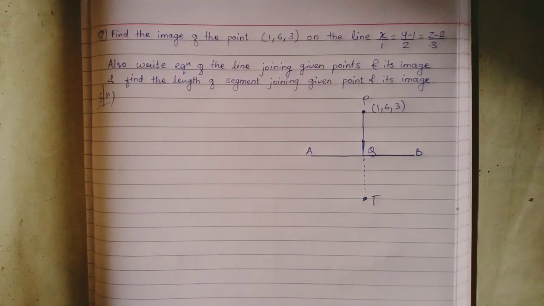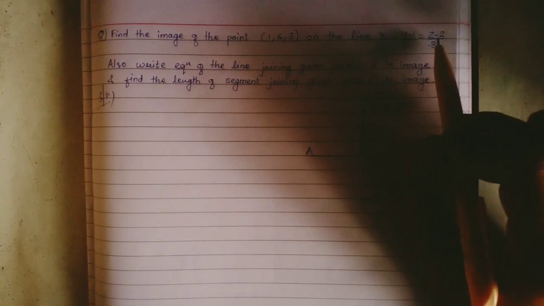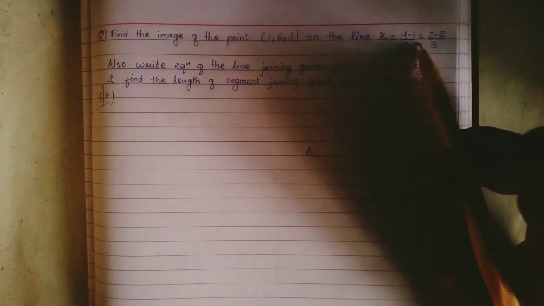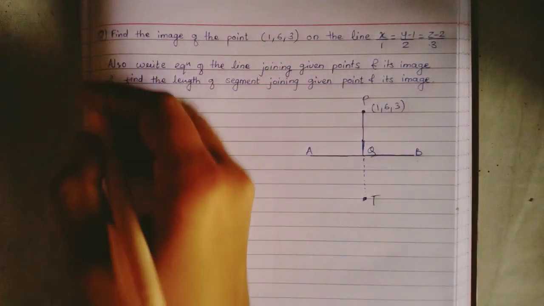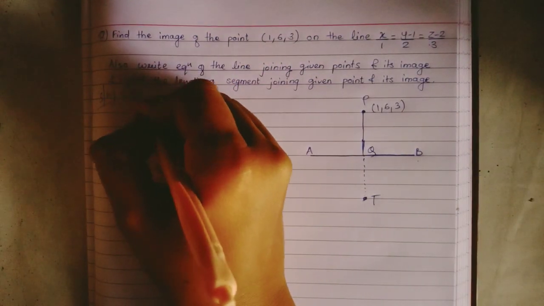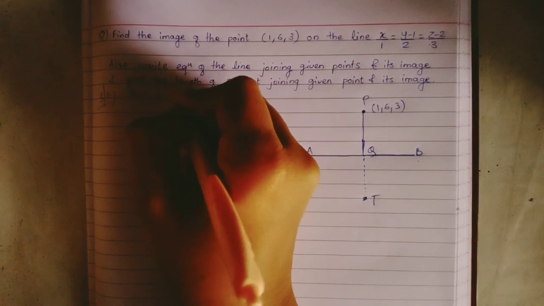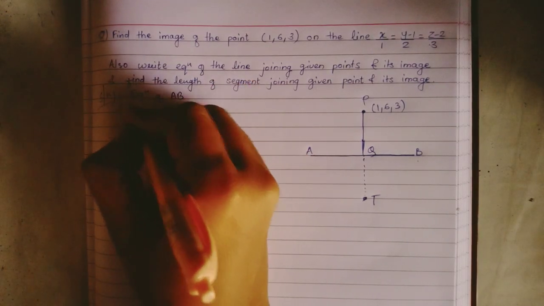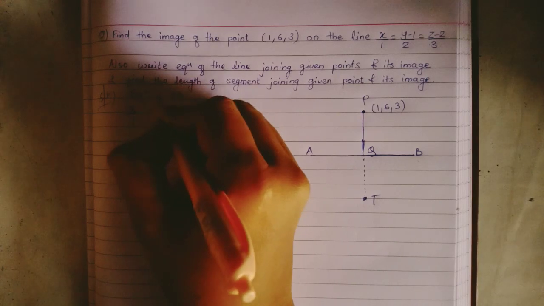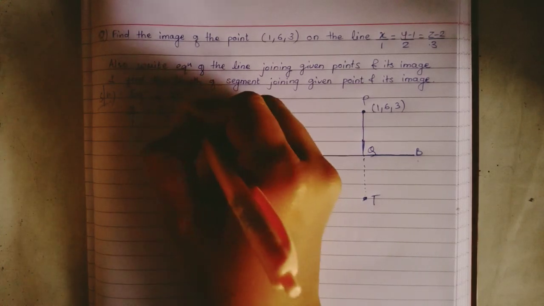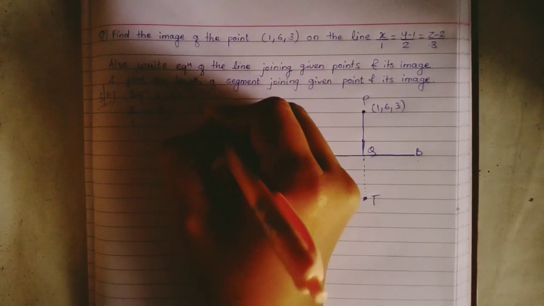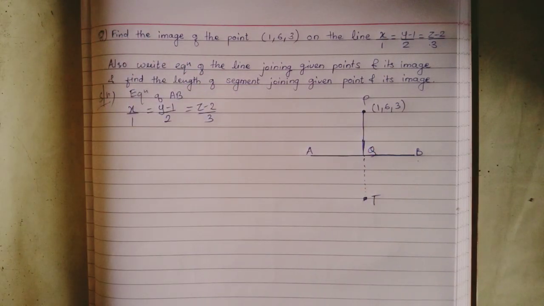So first you have to make use of the information which is given. Here the equation of the line is given. This line is our AB line, so we can write the equation of AB as x upon 1, y minus 1 upon 2 and z minus 2 upon 3.